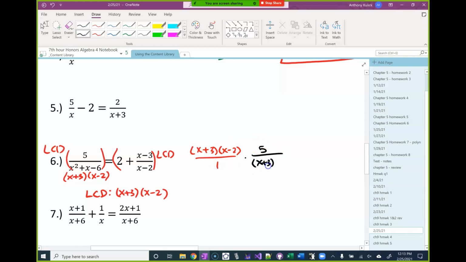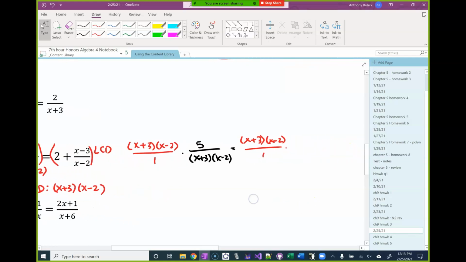Again, as you're getting more comfortable with this process, if you show me what you multiplied both sides by and then you don't write out this step where we're doing canceling, if you just go to the next step, that's going to be okay also.